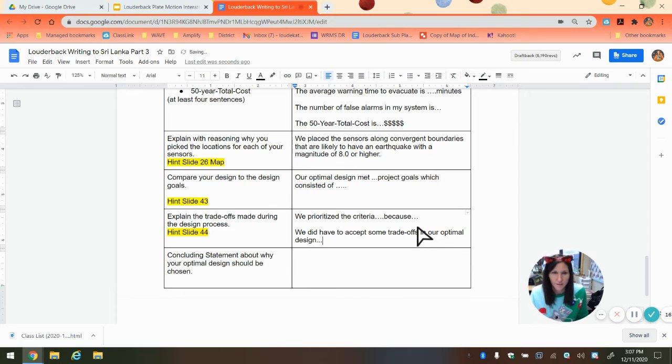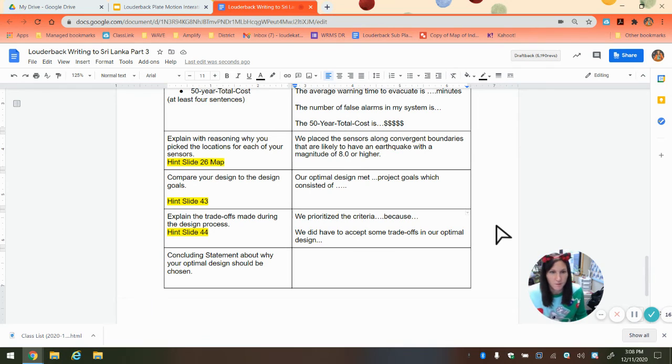So an example of a design, maybe in order to get less false alarms, you had to use the deep water sensors, which were very expensive. That is a trade-off. In order to reduce our false alarms, we use deep water sensors. We did have to accept some of the trade-offs in our ultimate design of increasing the cost in order to make our system more accurate.